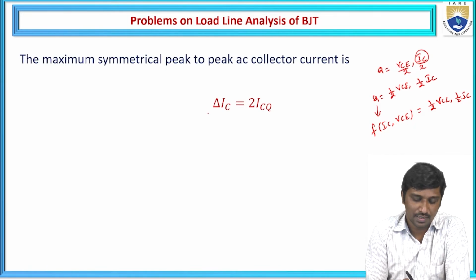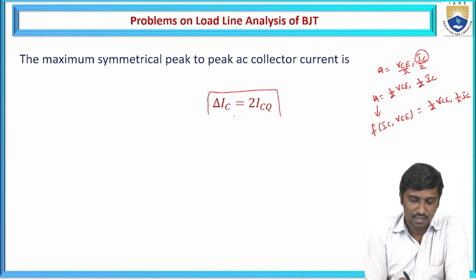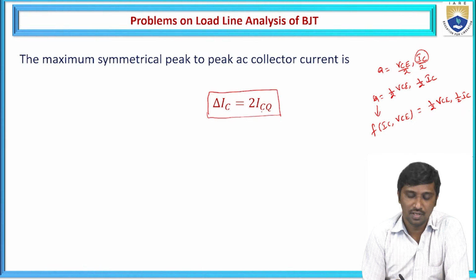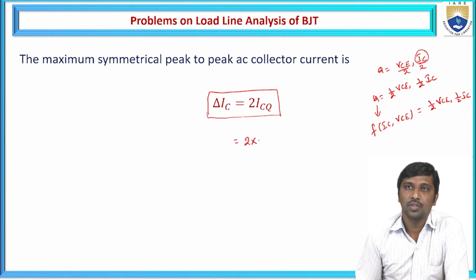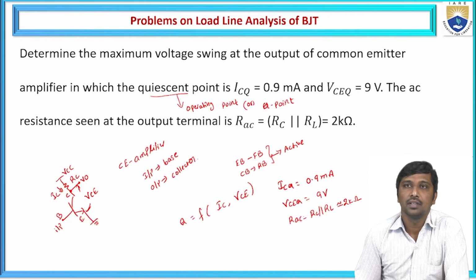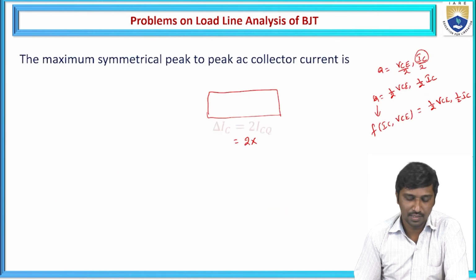From that representation, the maximum peak-to-peak collector current is defined as 2 times ICQ. If you observe the ICQ, they have given it as 0.9 milliamperes.